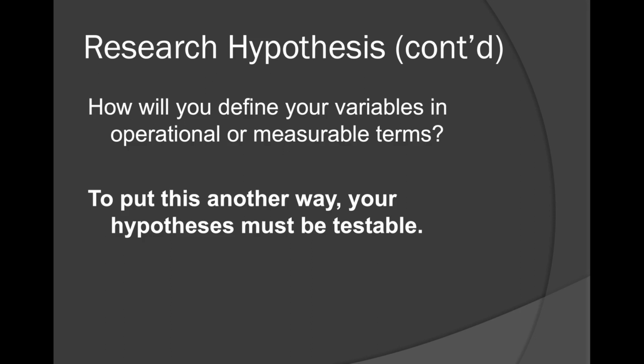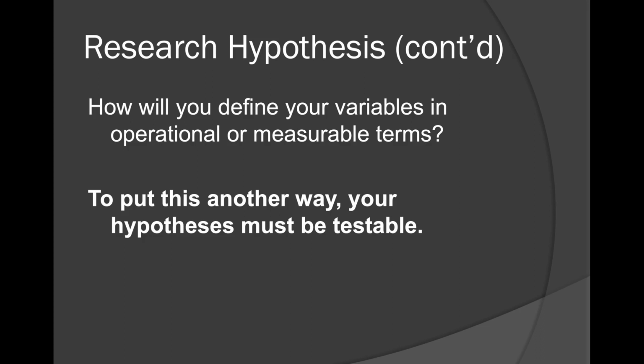So if I'm going to try and measure, think of it in terms of diet, that eating fewer calories leads to weight loss. I have to figure out what my measurables are going to be. And that's really obvious in this case because it's going to be calories and weight. So what's the relationship between reduced calories and reduced weight?